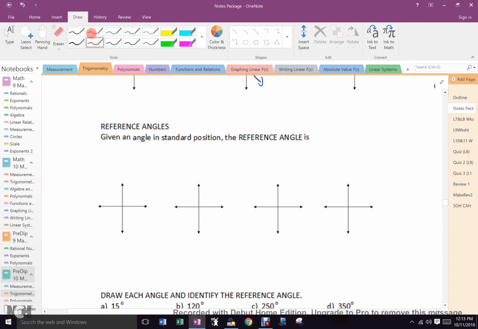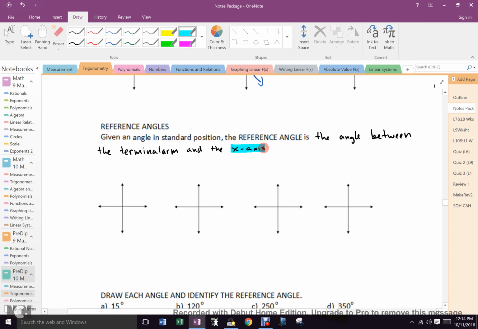The reference angle is as follows. The angle between, and this is hard for a lot of kids to get their mind around, the angle between the terminal arm, that looks like all one word, terminal arm, and the x-axis.